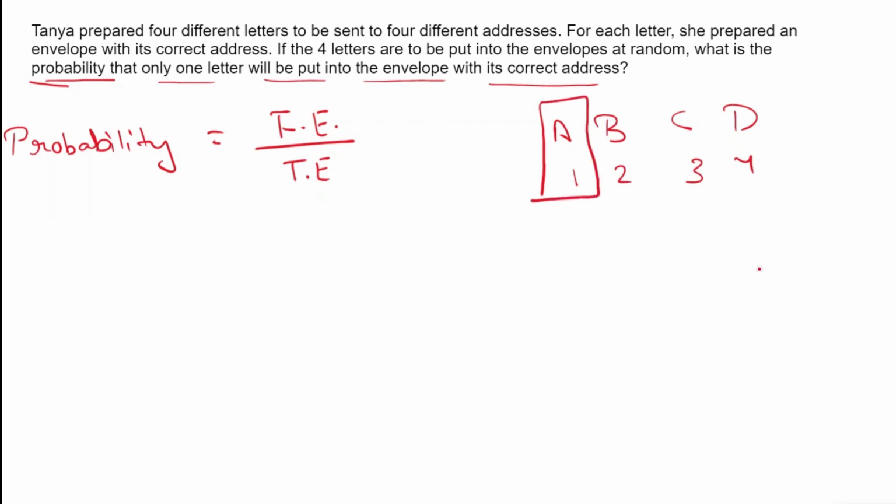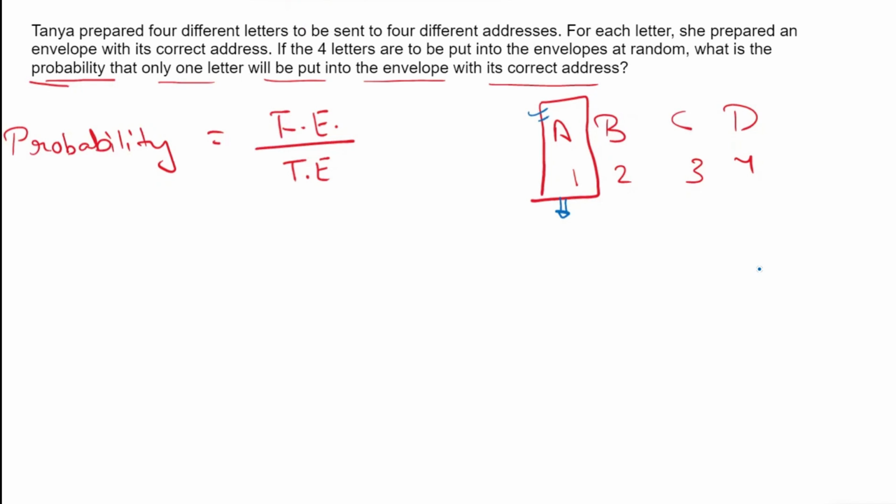If you want, you can take B or C as the correct letter, your call. That means we have to take any one. So assume that we have taken A as my correct letter with the correct address. I can say that this will be fixed.